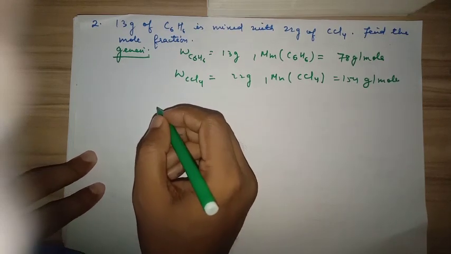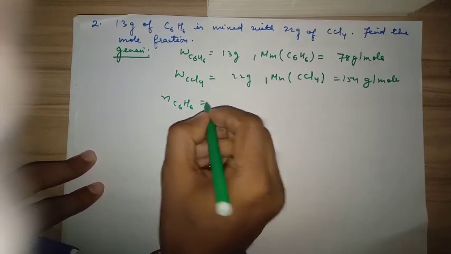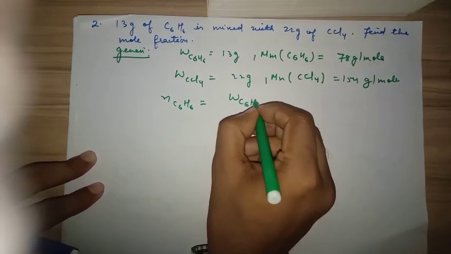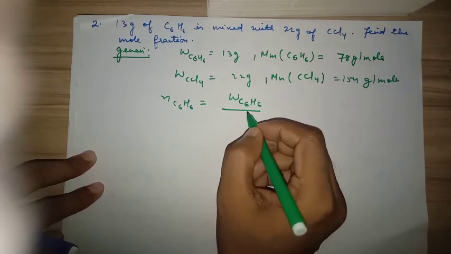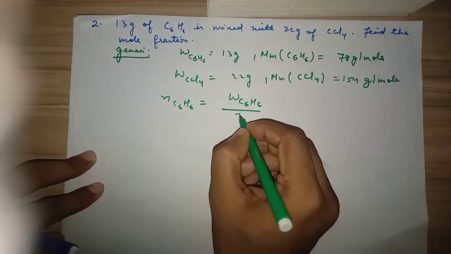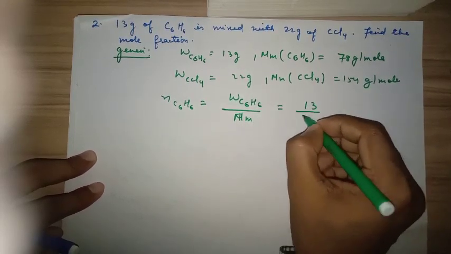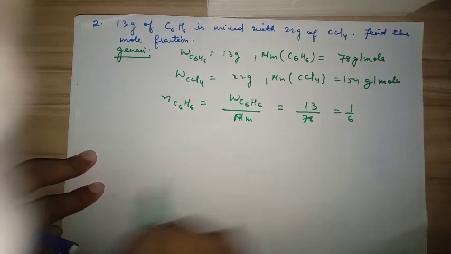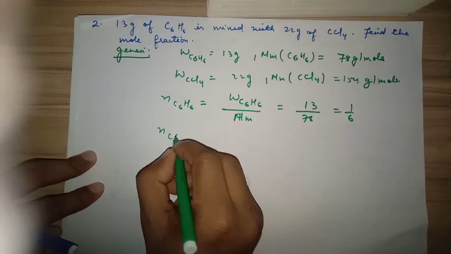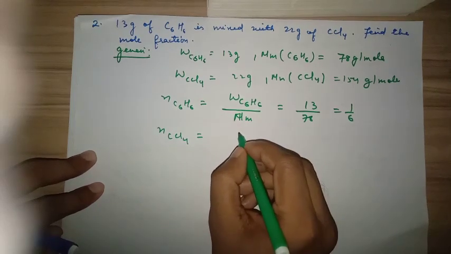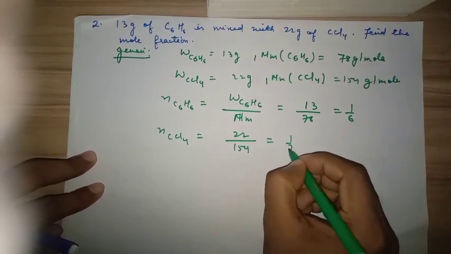Now we have to obtain the number of moles, so n C6H6 will be W of C6H6 upon its molar mass. So it will be 13 upon 78 and it will be 1 by 6 mole. For carbon tetrachloride this will be 22 gram upon 154 and it will be 1 by 7.